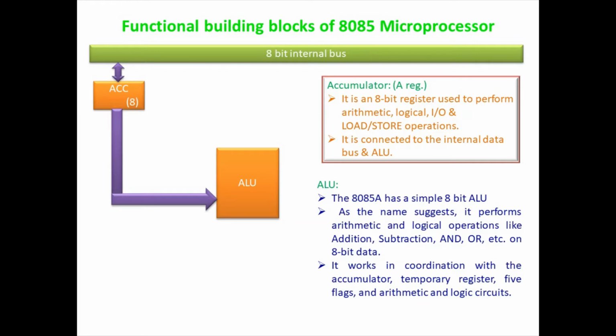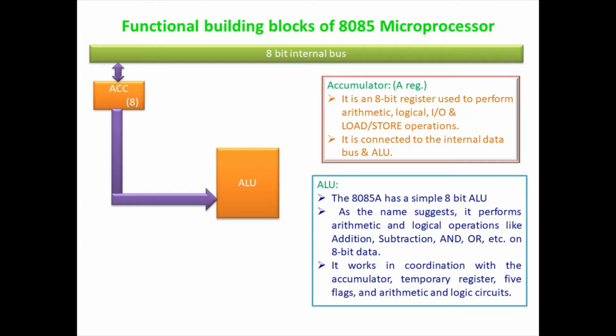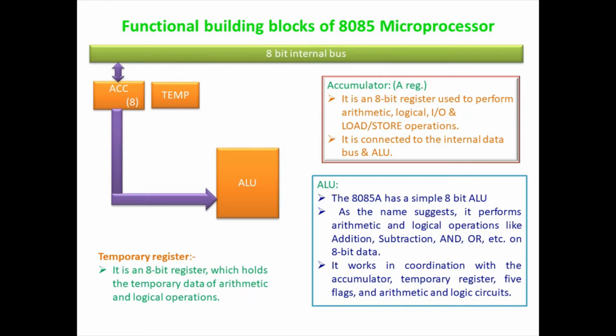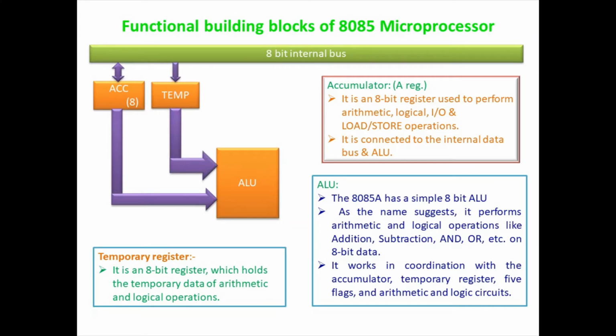It works in coordination with the accumulator, temporary register, and flag register. The temporary register is an 8-bit register which holds the temporary data of arithmetic and logical operations. It is connected like this. The output of the ALU is connected to the 8-bit internal bus.